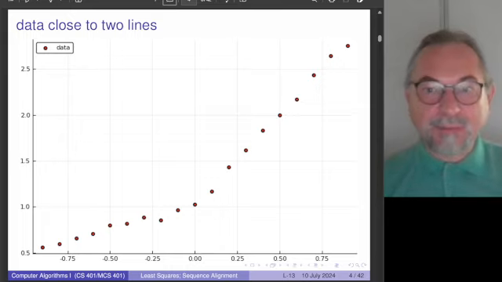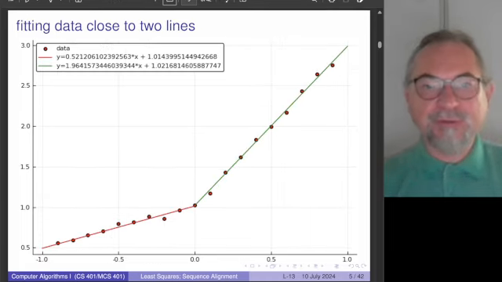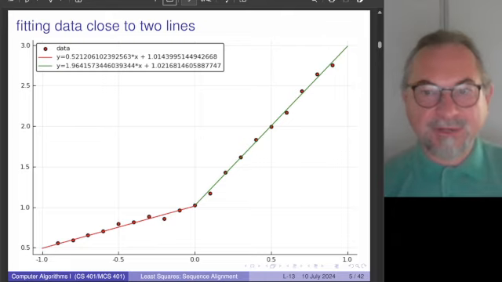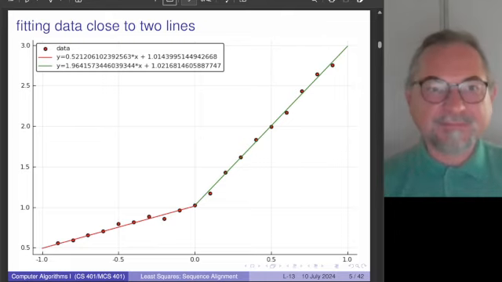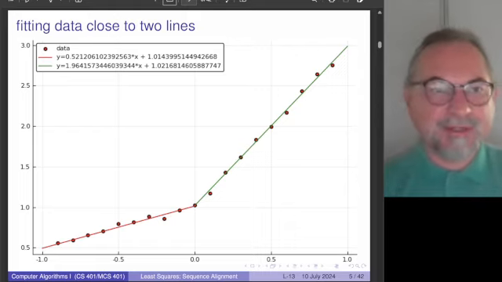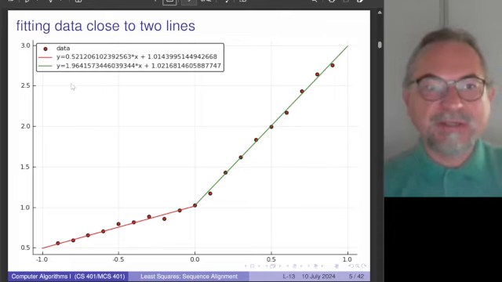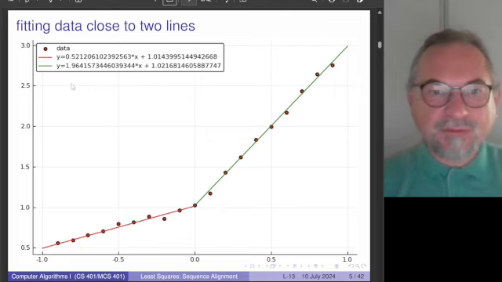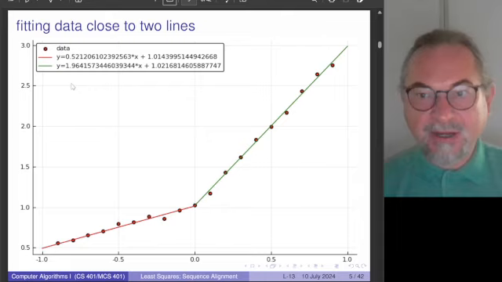So instead of replacing the data with one single line, we're going to generate 2 lines. The way I constructed this example, I just picked 2 lines with slopes 1/2 and slope 2. Here you can read the numerical slopes: 0.52, and the green line has a slope 1.96. So this gives us a much better data fit.